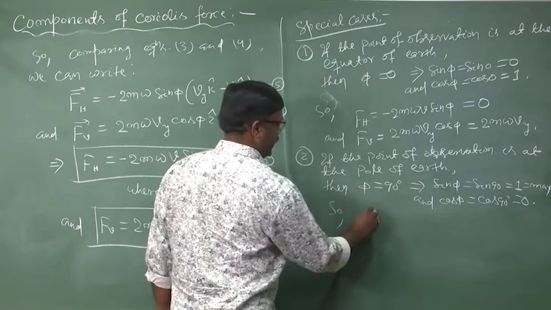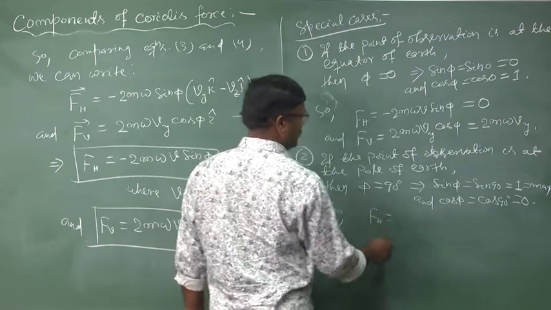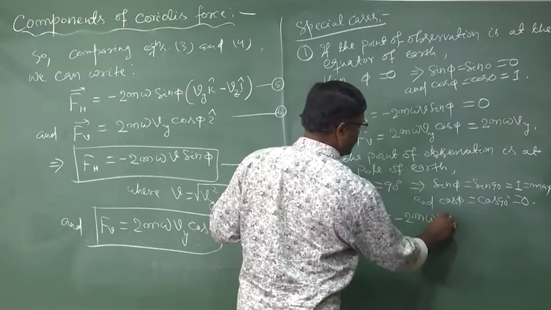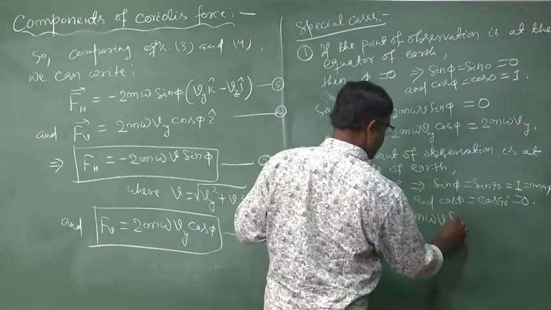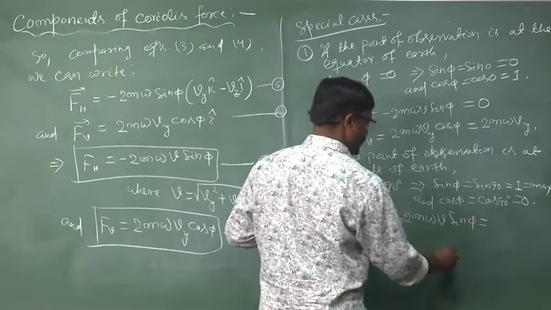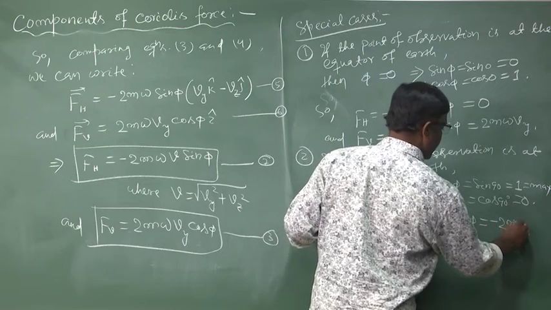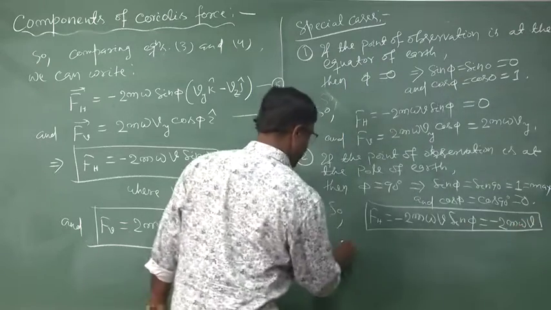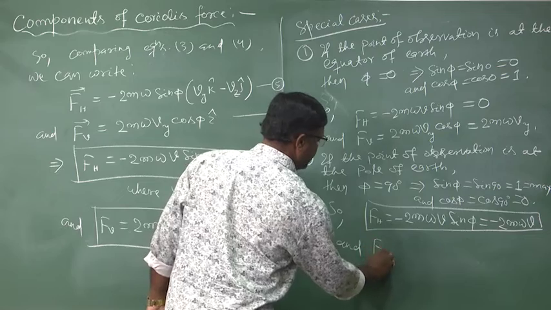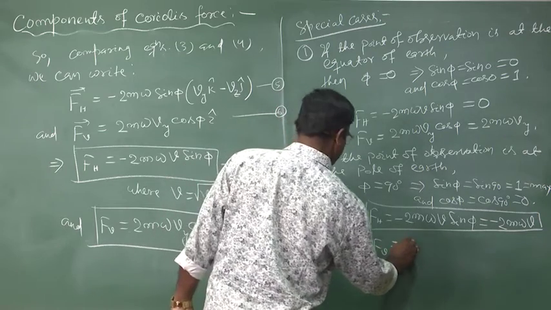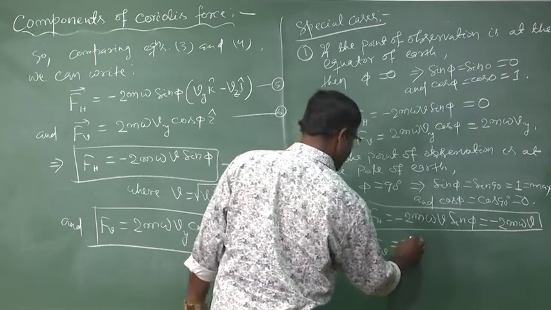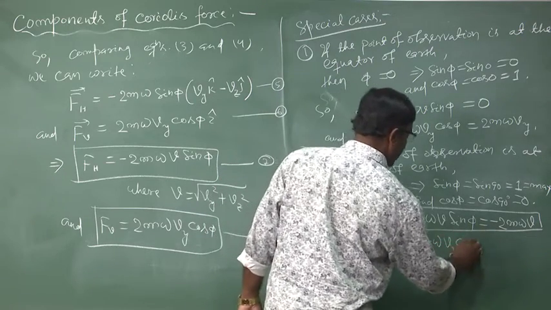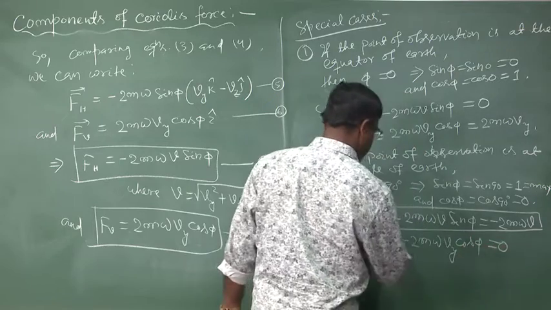So, Fh is equal to minus 2m omega v sin phi is equal to minus 2m omega v, and Fv is equal to 2m omega vy cos phi is equal to 0.